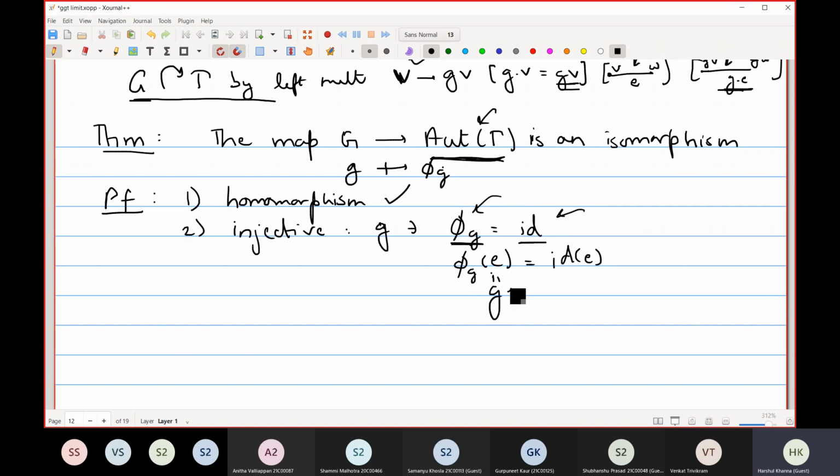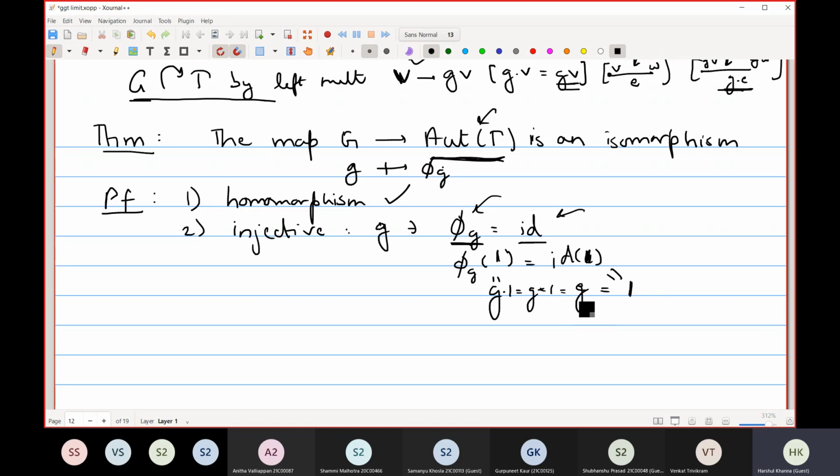Just a second, E is the identity element here, so I should not use E. I should use 1, because my edges are also represented by E. So phi G of 1 is equal to G times 1, which is G group operation 1, which is equal to G. And identity of 1, since identity fixes everything, is equal to 1.